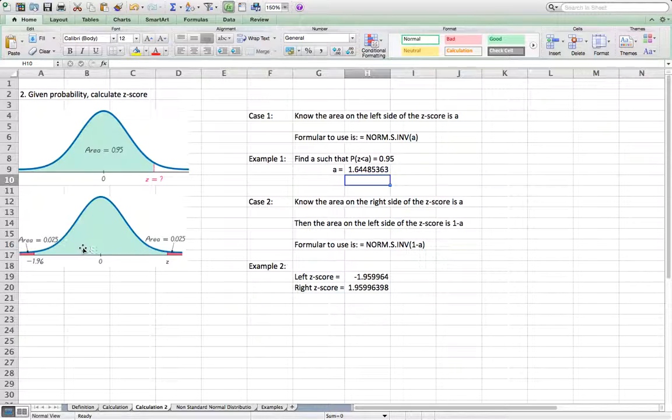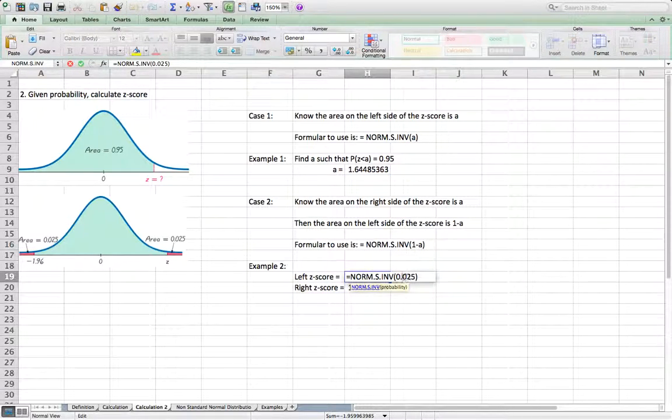Now for this example, I want you to calculate the corresponding z-scores. One is where the left side area is 0.025. Another is the z-score where the right side area is 0.025. For the left side one, you directly use 0.025, because the formula calculates the corresponding z-score such that the area on the left side is the given value.